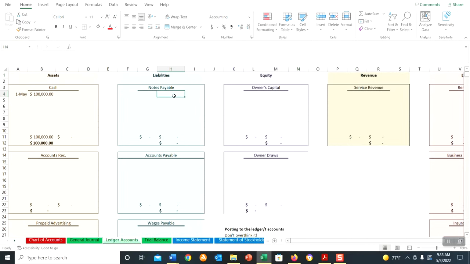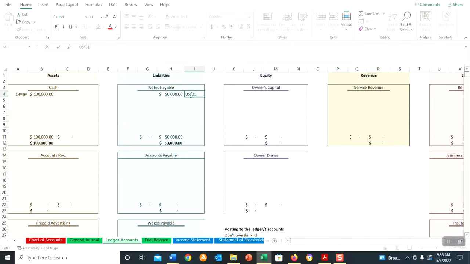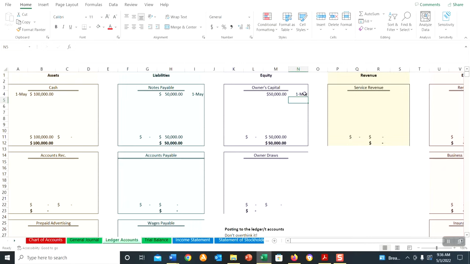We know we had a $50,000 credit to the notes payable, right? Increasing the liability on May 1st as well. And then the $50,000 increase or credit to owner's capital with that May 1st transaction. So as you can see, I'm entering on the same side and just dating next to that entry.